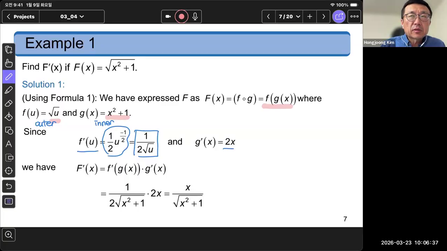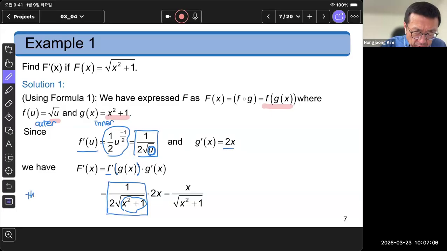As I said, you multiply the derivative of the outer function evaluated at the inner function. The inner function is x squared plus 1, so you plug in x squared plus 1 in place of u. So you get 1 over 2 times the square root of x squared plus 1. This is the derivative of the outer function.